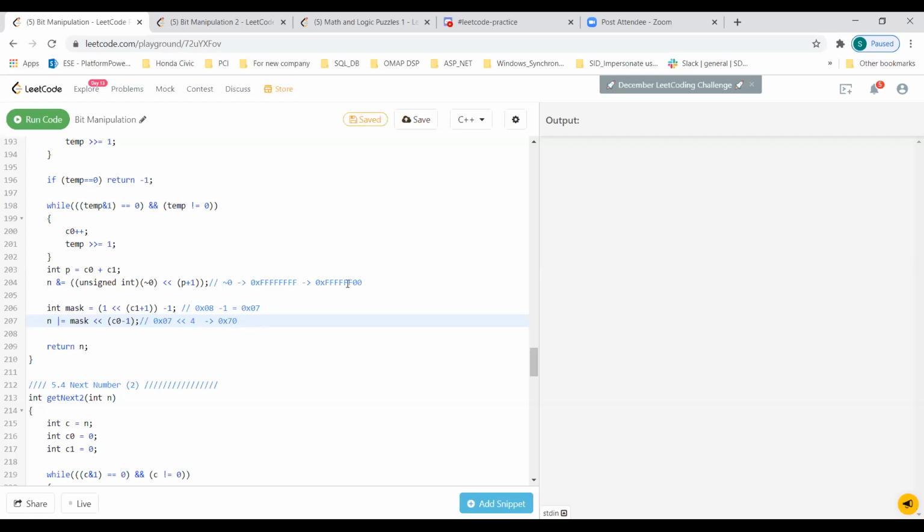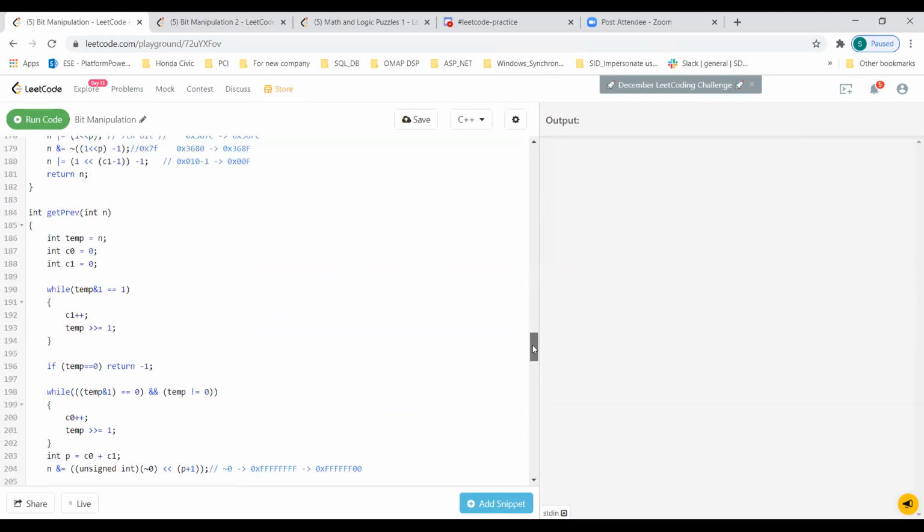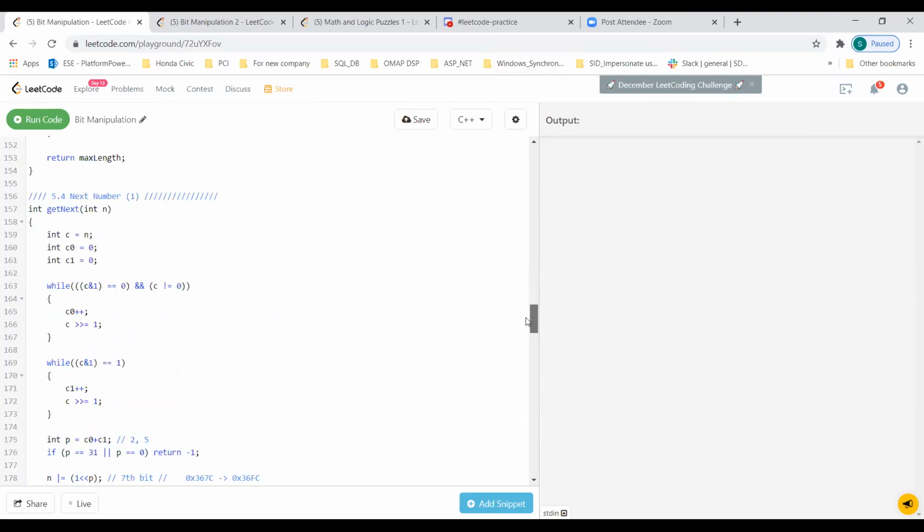And then I add this over here, because whatever my n is, the previous value, it will be ORed with that value, which will be 7, 0 in this case. Okay, so this was the whole example for the bit manipulation.